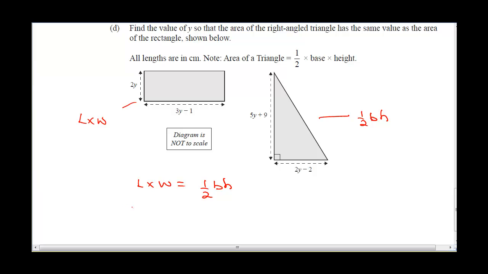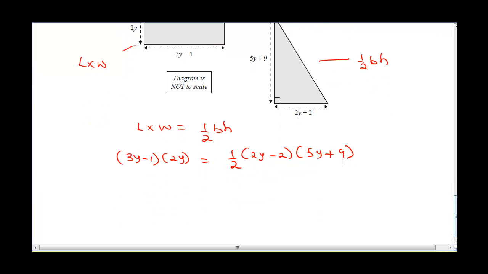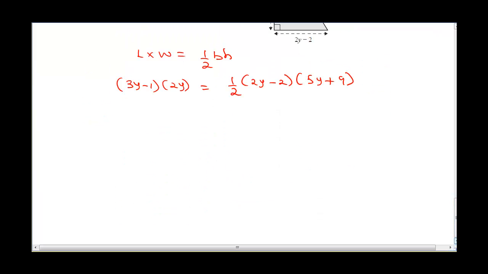Okay, so the length from here is going to be 3y minus 1, all multiplied by 2y, which is the width, is equal to half. Our base is going to be 2y minus 2 multiplied by 5y plus 9, which is the height. So if we can solve this equation, then we can get the value of y that makes the area of the rectangle equal to the area of the triangle.